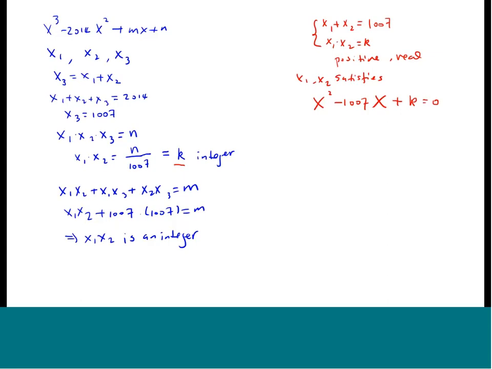So you can have the delta equals 1007 squared minus 4k greater than or equal to 0. Greater than 0 cannot be equal to.